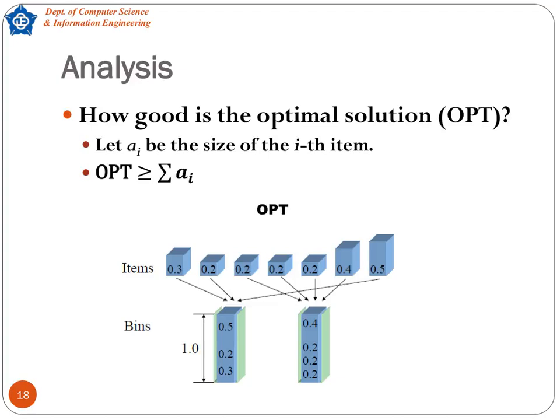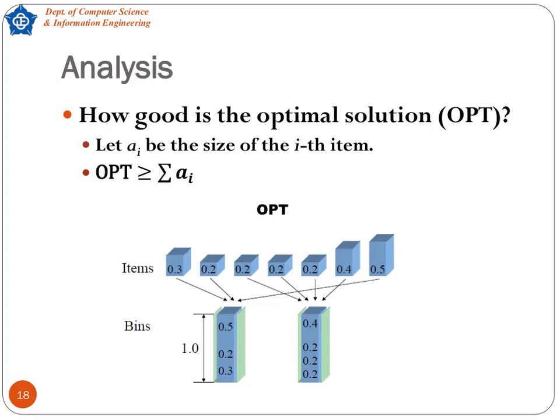Imagine we have 6 items with sizes 0.3, 0.2, 0.2, 0.2, 0.4, and 0.5. Looking at the diagram, you can see these items beautifully packed into bins, each with a capacity of 1.0. Notice how this specific packing solution uses only 2 bins.